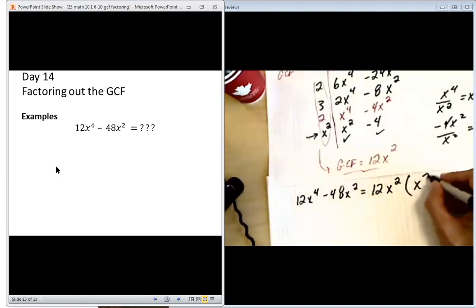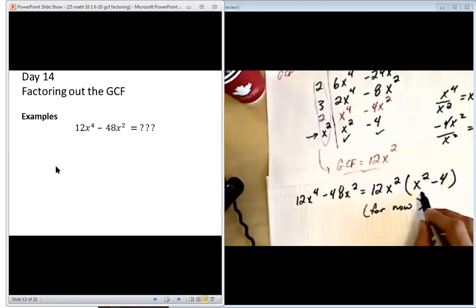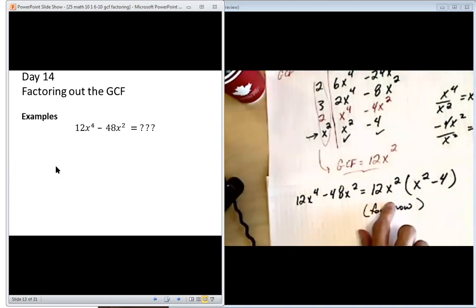And the last line for now, I'm going to write, is going to be the x squared minus 4 like that. Okay, that's what we're going for, this other type of answer when they ask you for it.